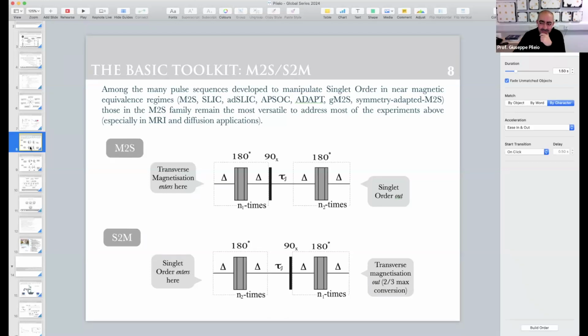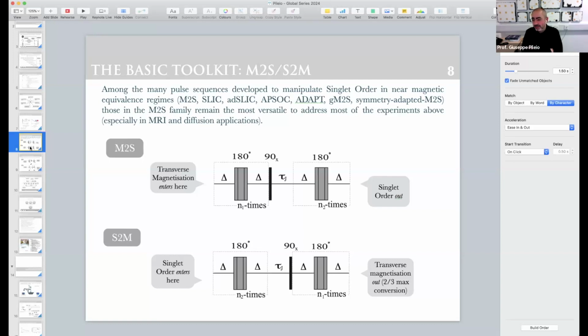Hi, Mohammed. Mohammed is probably just nearby here, obviously here in Southampton. Okay, so symmetry adapted M2S, I actually meant your sequences, the latest development of M2S. The word M2S here is more general for transformation between magnetization and singlet.